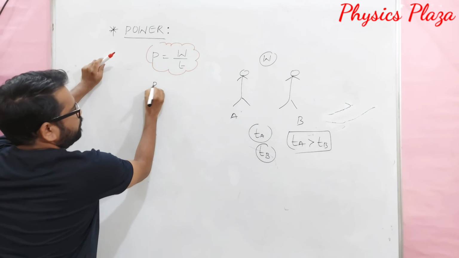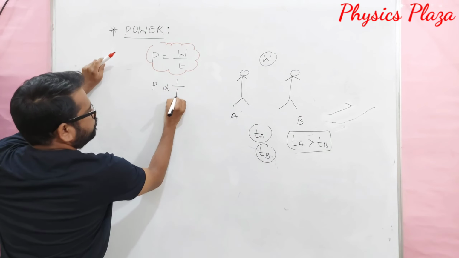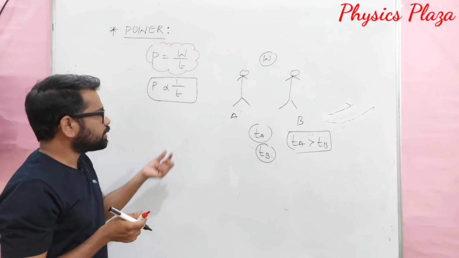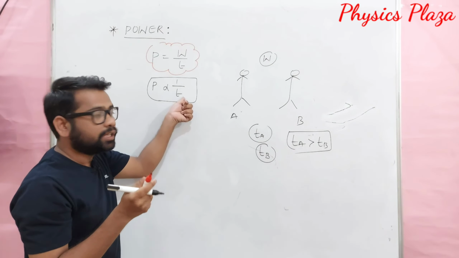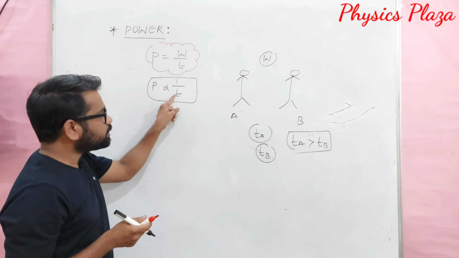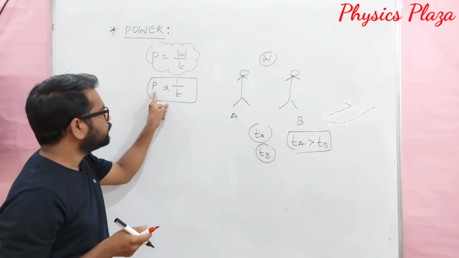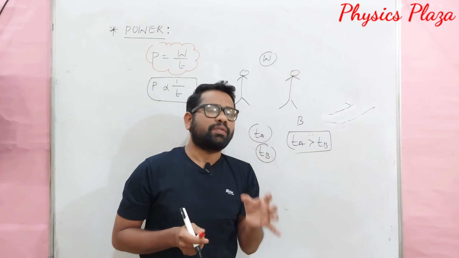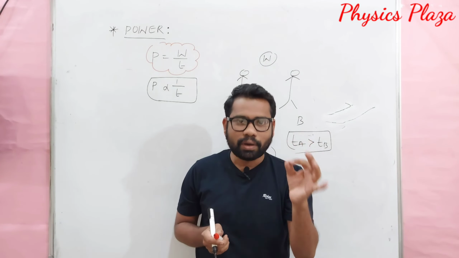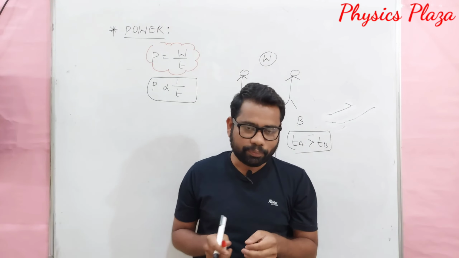So for the same work, if a particular person is taking less time, which means what? The person is said to have more power. If the person is taking more time, which means what? The person has less power. So the rate of doing work is called power.